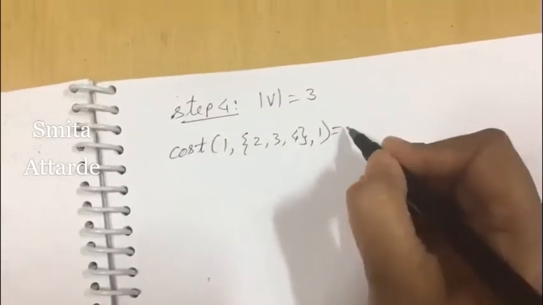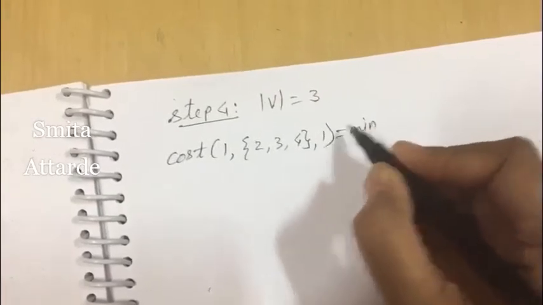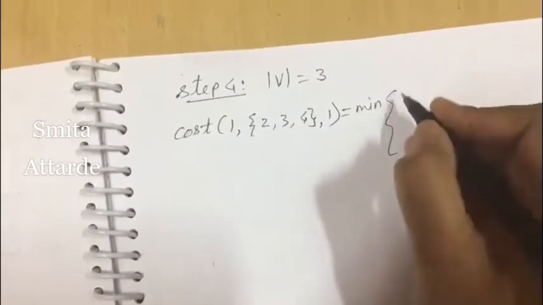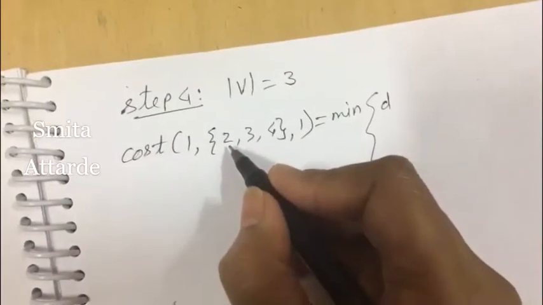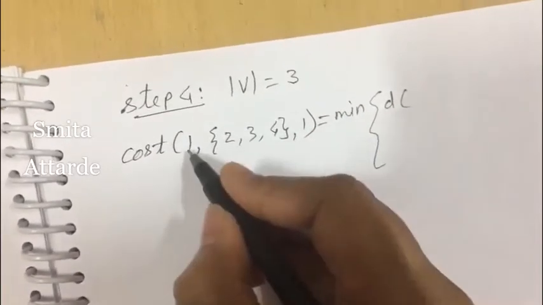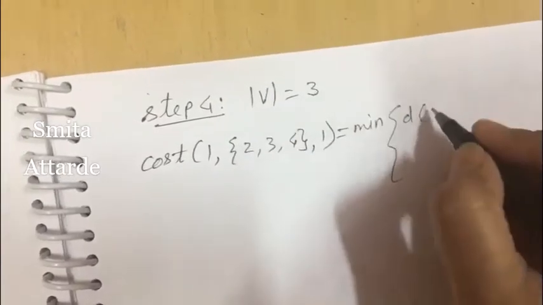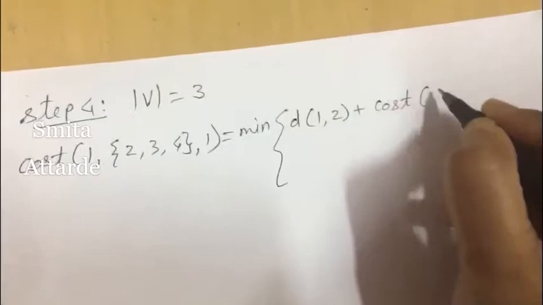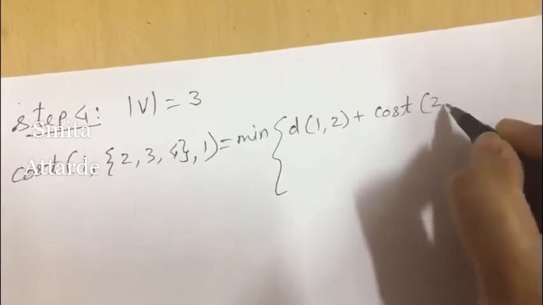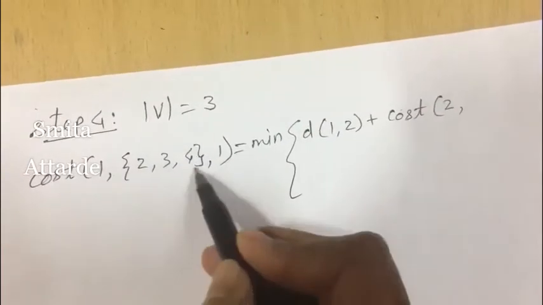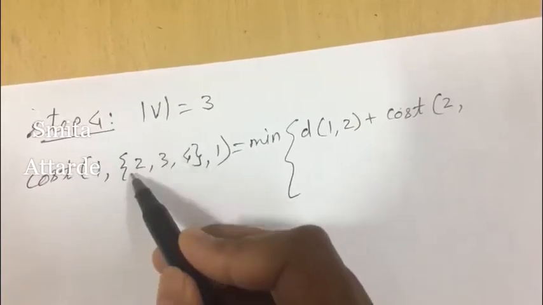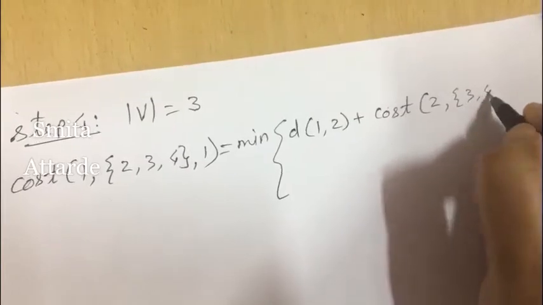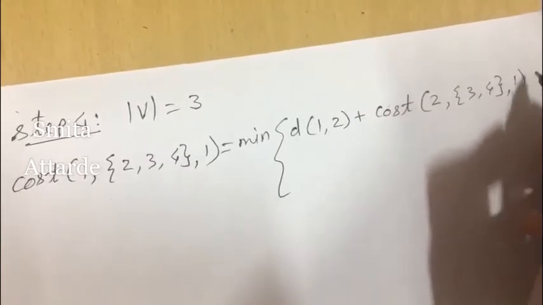Now implement the formula min. Now we have 3 values for j, so you'll have 3 different cases. The first case is when j equals 2, so distance of i is 1 and j is 2, so 1 2 plus cost of j is 2 comma, now this is v minus j, so subtract j from this, we get here 3 4 and this is 1 as it is.